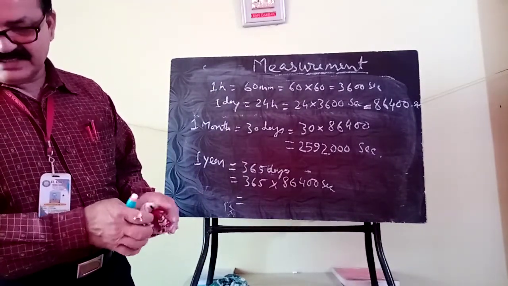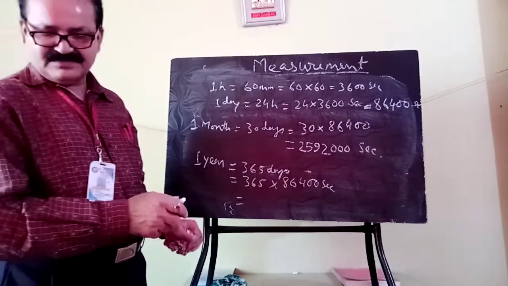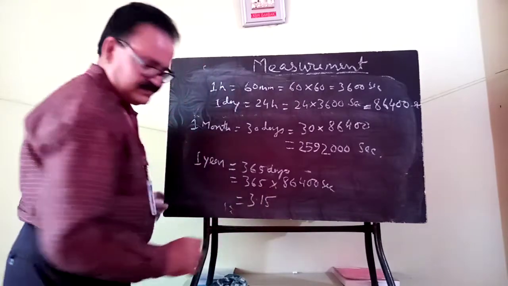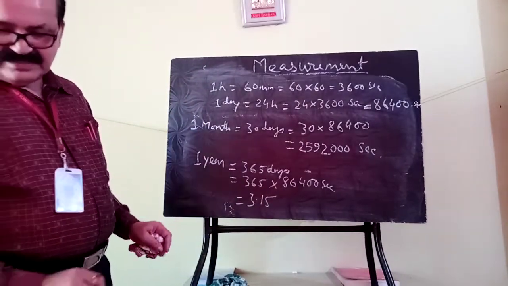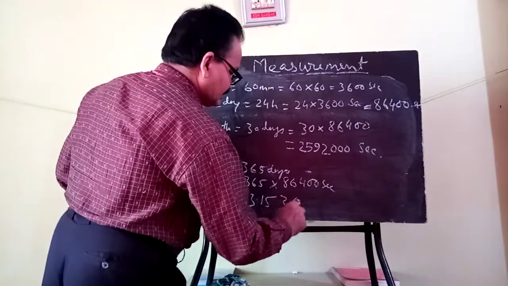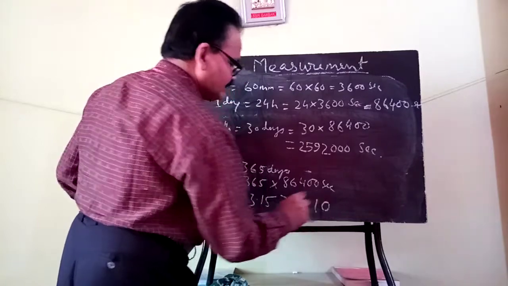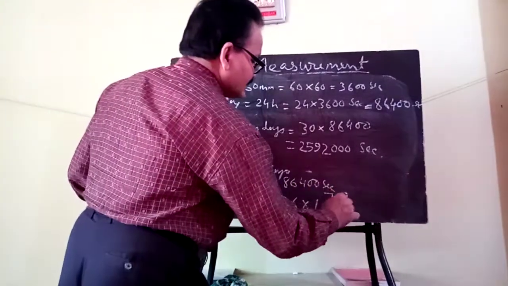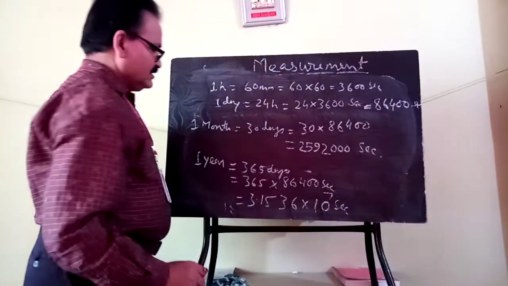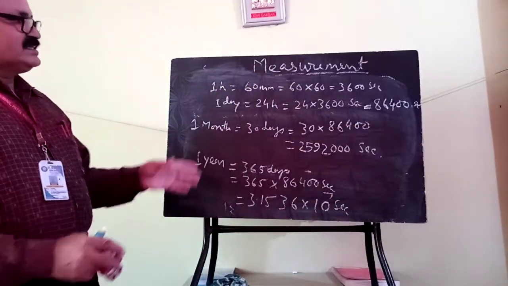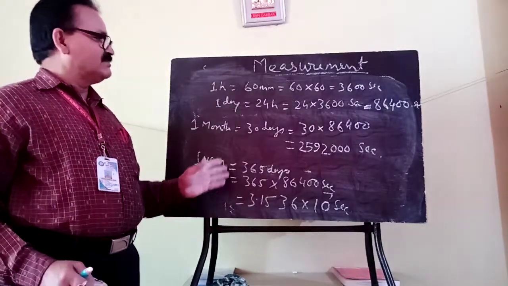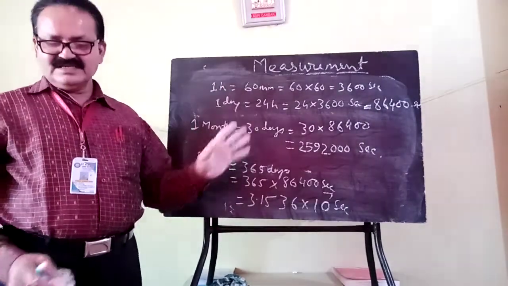So 1 year is 3.1536 into 10 to the power 7 seconds. So this is the relation between the bigger unit of time and the smaller unit of time.